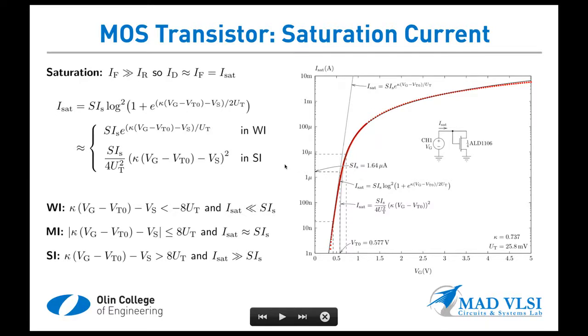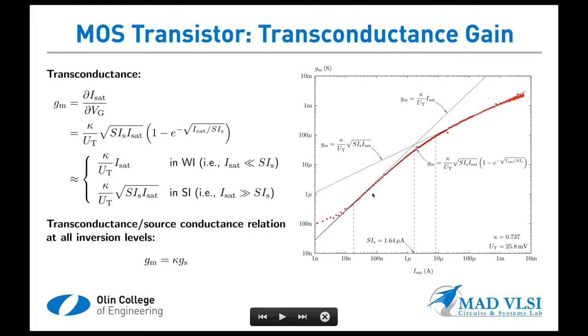So that's that. If we look at the transconductance gain of the transistor, which is dI_sat/dVg, this is what we would see. So this is basically numerically differentiating that gate characteristic, and this black line that kind of curves along here is the EKV model for the transconductance gain, which works out to be this expression when we express it in terms of the saturation current.